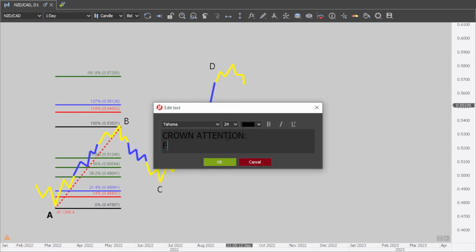False crowns appear in other areas than Fibonacci's A, B, C, D.